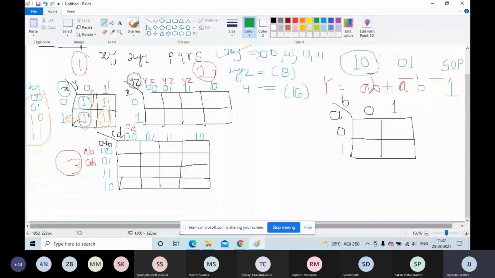So I have to see here where is the value of A? 1. So here is the value of A is 1. And the next is value of B should be 0. The value of B is here 0. So this and this, the row and this column you have to see.